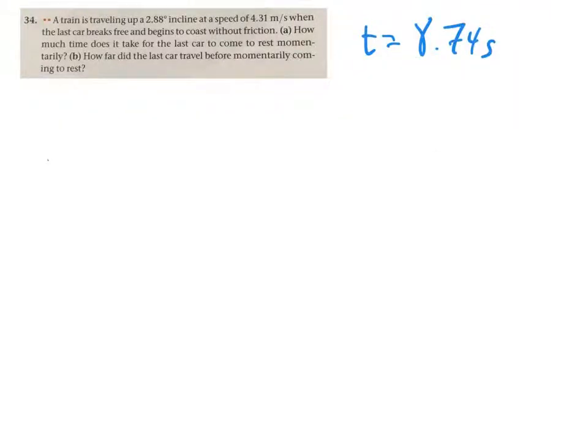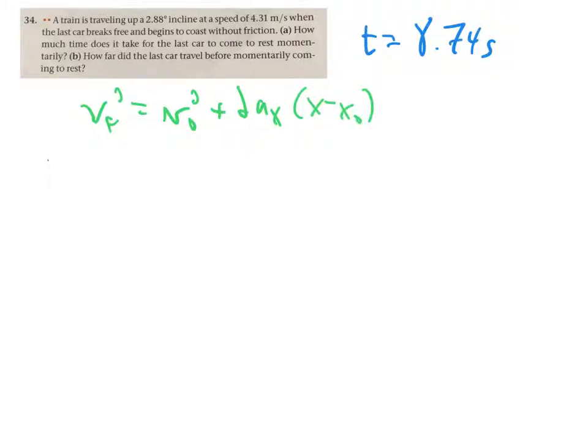To do part B, we have a wealth of information now since we have the time and velocities and the acceleration. I'm going to ignore the time bit though because I happen to like this one better. I'm going to remember that we have an equation that says that V final squared is V initial squared plus twice the acceleration times the change in position.